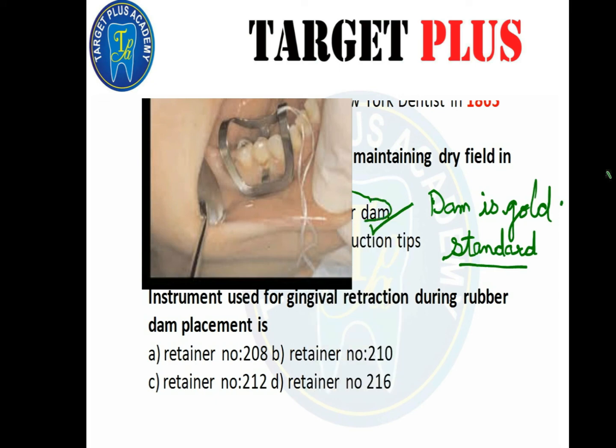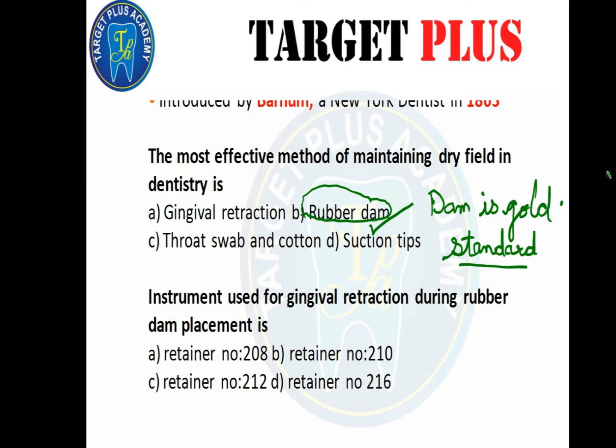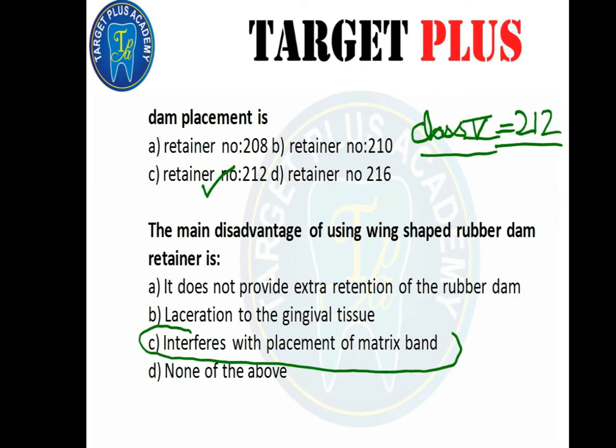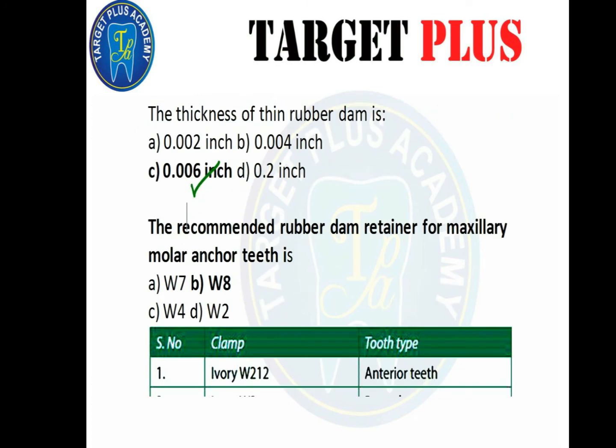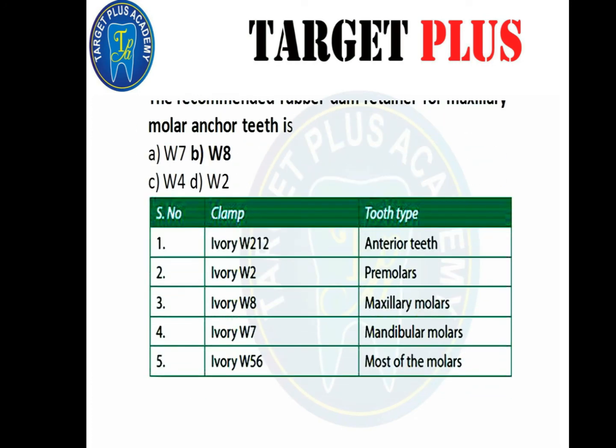The main disadvantage of using a wing shaped rubber dam retainer is that it interferes with the placement of the matrix band. The thickness of thin rubber dam is 0.006 inches.